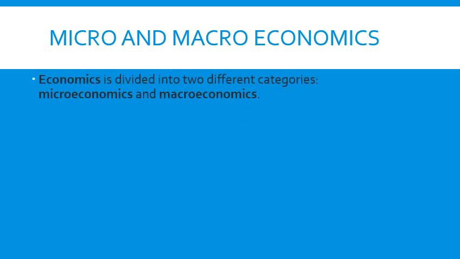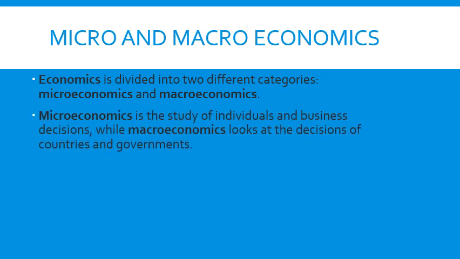Normally, economics is divided into various categories, mainly microeconomics and macroeconomics. Microeconomics, as the name itself suggests, is the study of individuals' business decisions, micro at a small level. That's why it is restricted to small businesses and individual income earnings.